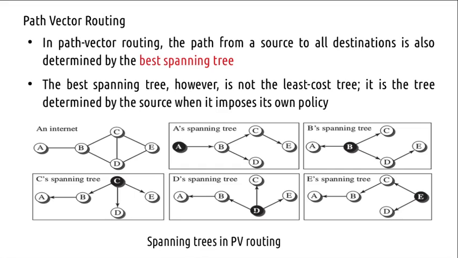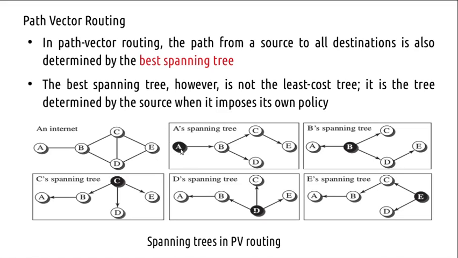Now you will not choose the least cost tree, rather you will find the best spanning tree. The best spanning tree is chosen based on how the source imposes its policy. Here is an example of a network shown as a graph.